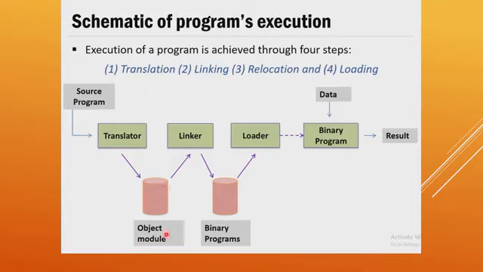Then this object module is taken by the linker and converted into a binary program, and that binary program is taken by the loader, which loads the binary program along with the data into the main memory for execution, and after execution it will produce the result. So that means the translation process, then the linking process, then the relocation process, and finally the loading process. These 4 different steps will be followed for the program execution.